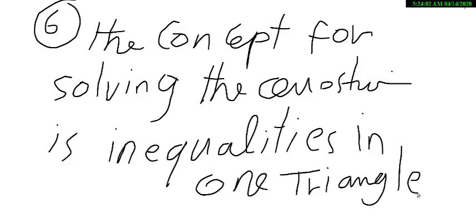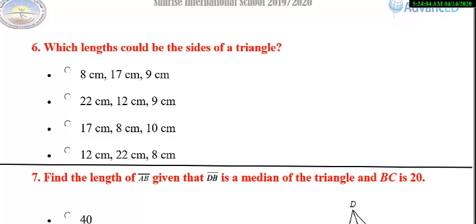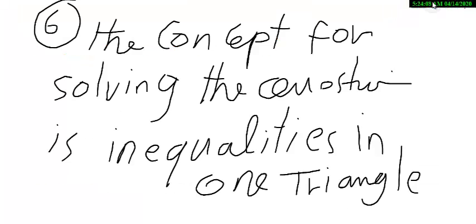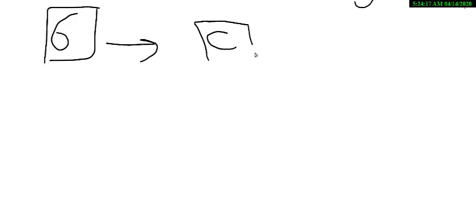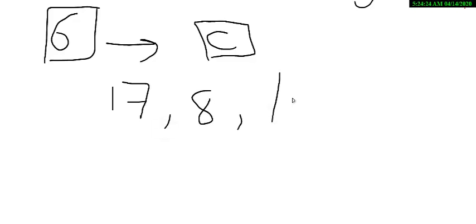So as I said right now, the correct answer will be C, which is 17, 8, and 10. How can we find out? The answer of question number 6 is number C, which is 17, 8, 10.